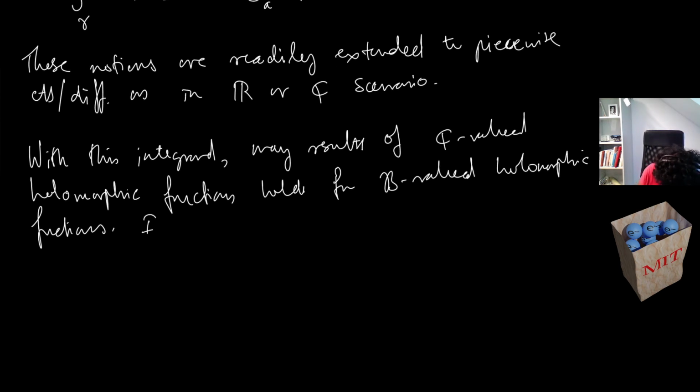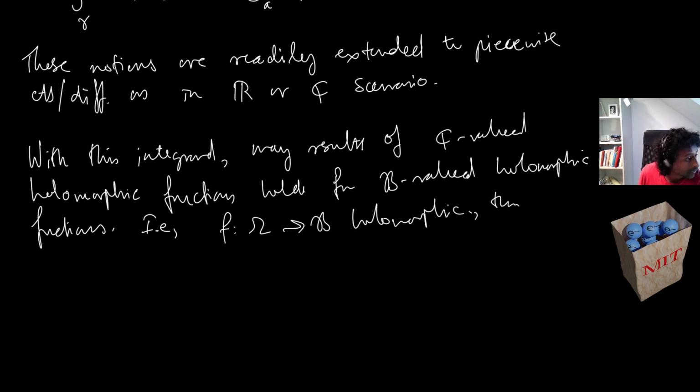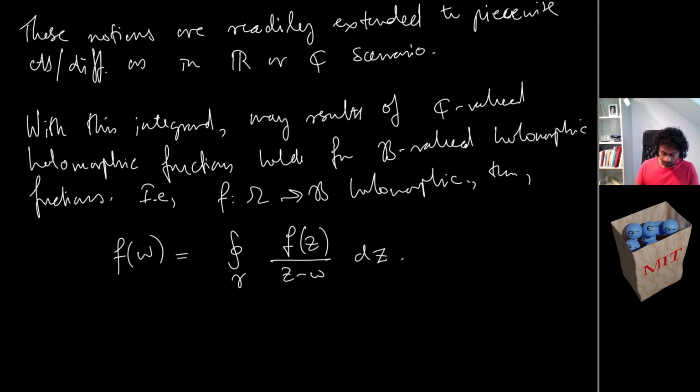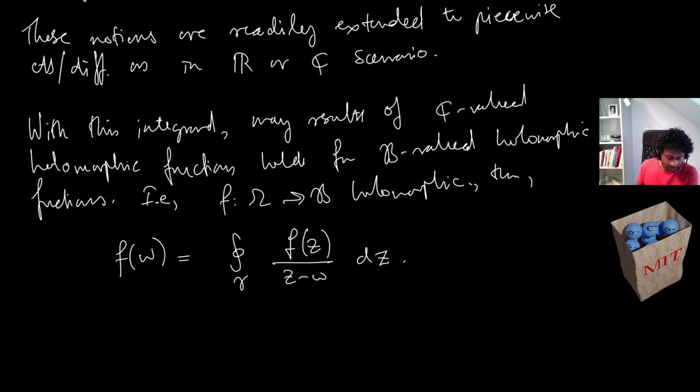So, i.e., f from omega to B holomorphic, then for a curve that envelopes the value omega, we have the Cauchy integral formula, right? Okay, so we have this Cauchy integral formula.